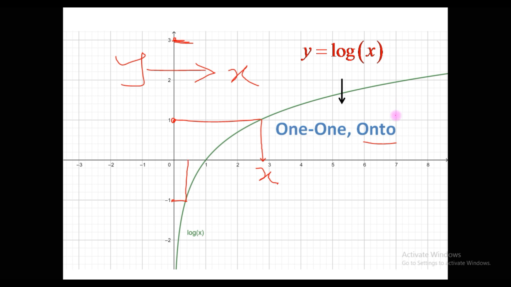All you need to remember about an onto function is that for each value of y, I should be able to get x. Means if a function is written in terms of x, I should be able to write this x in terms of y. Every time I am able to do this, that kind of function is onto. For the time being, you can take this into consideration.